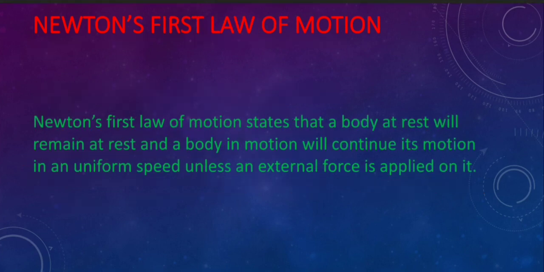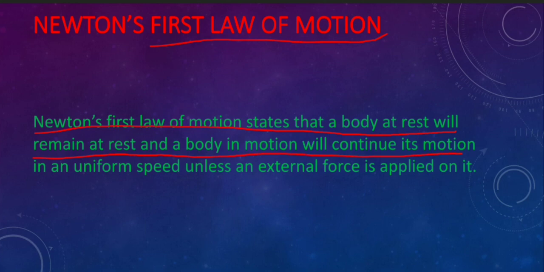So Newton's first law of motion states that a body at rest will remain at rest and a body in motion will continue its motion at a uniform speed unless an external force is applied on it. Means if we don't apply a force on an object which is at rest or in motion, then its state will remain as before.